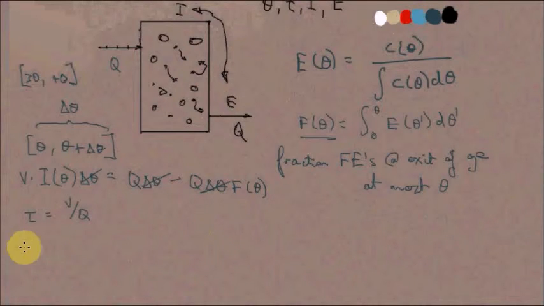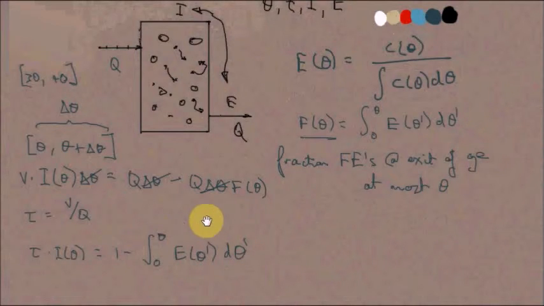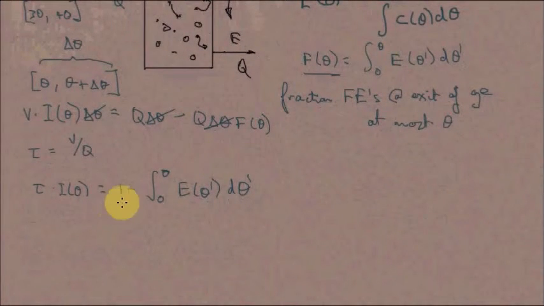So we can divide through by Q, and so we have here tau times I of theta is equal to 1 minus, and this F of theta we can replace with this, the integral from 0 to theta of E of theta d theta. So this is a relationship now between I and E.